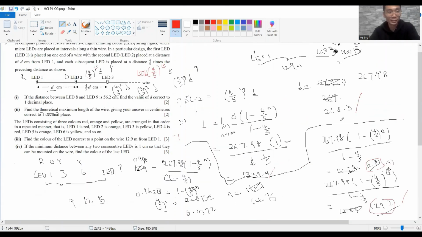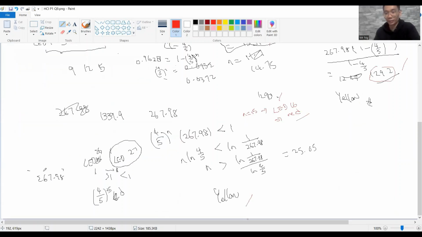The arrangement is LED 1 is red, then orange, yellow: 1, 2, 3. I just thought n is equal to 15, that's why the color is red. But this is the LED number, not the n number. So the LED is 16 now. That's why the color will be red.